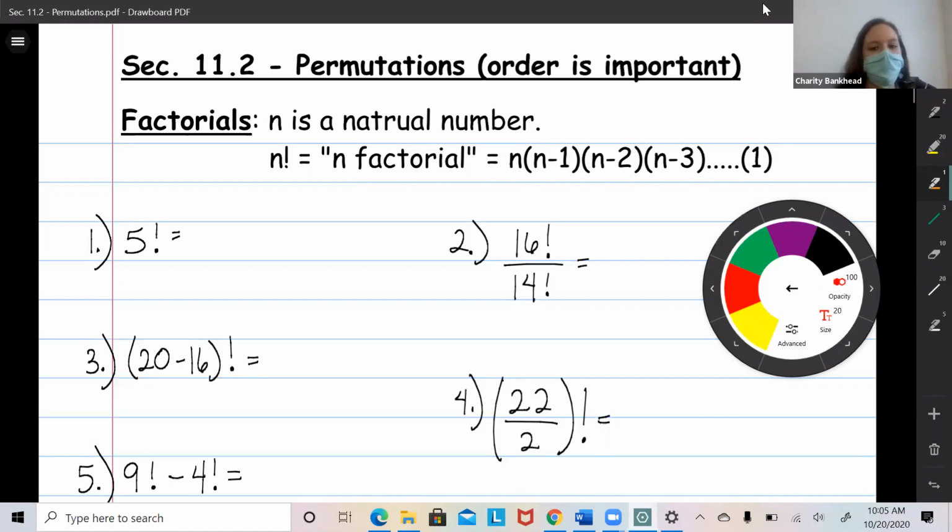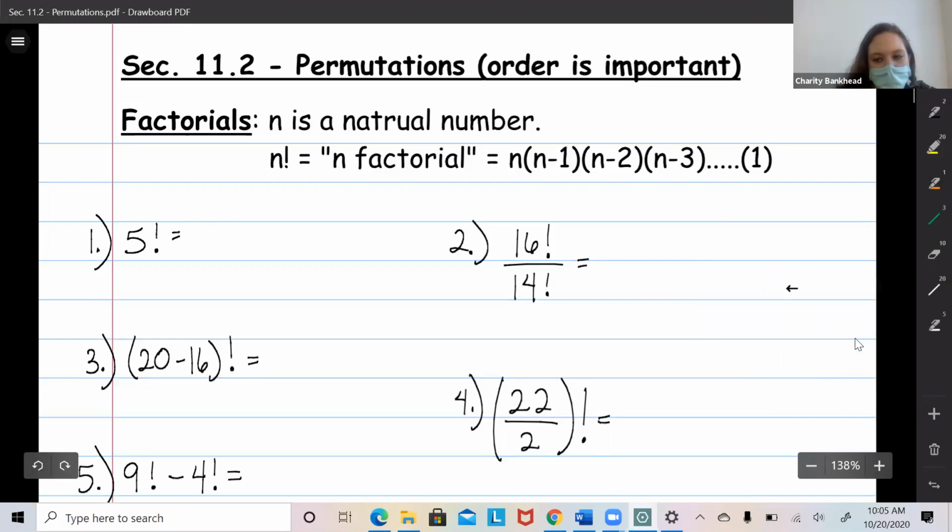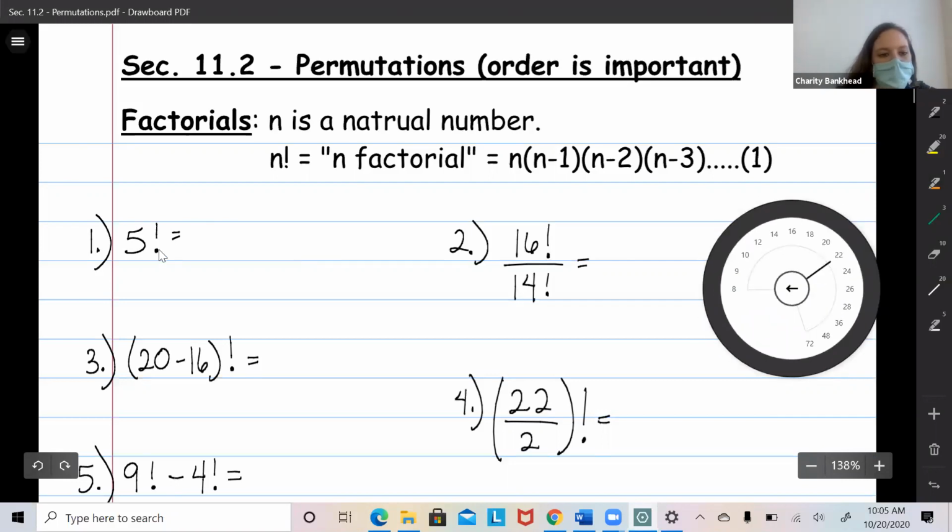So for example, if you see 5 exclamation point, we would read that as 5 factorial. And that is saying the same thing as 5 times 4 times 3 times 2 times 1. So that's what 5 factorial means. And if you were to multiply that out, it would equal 120.